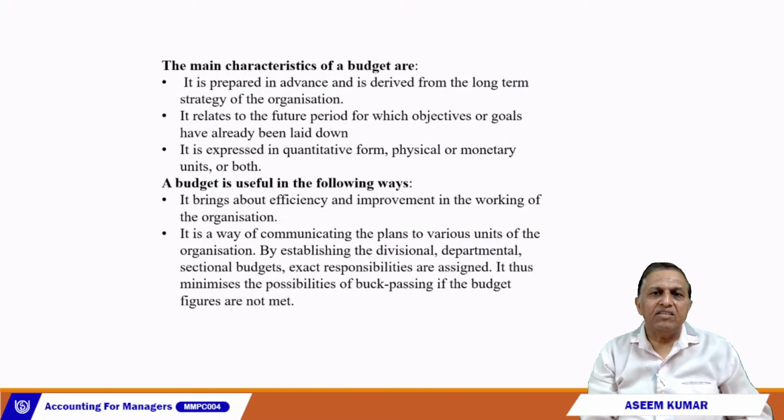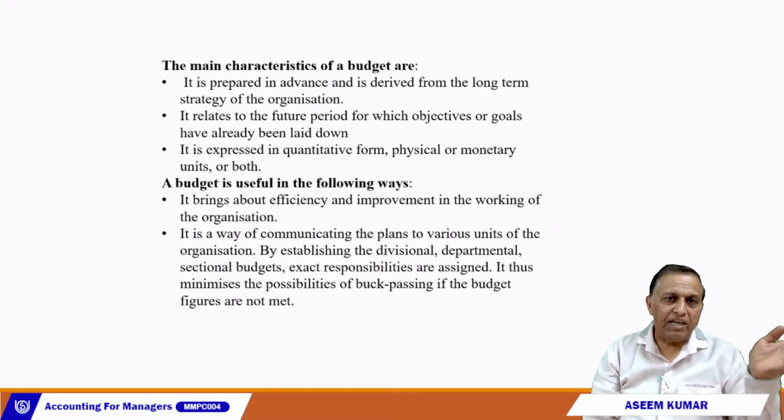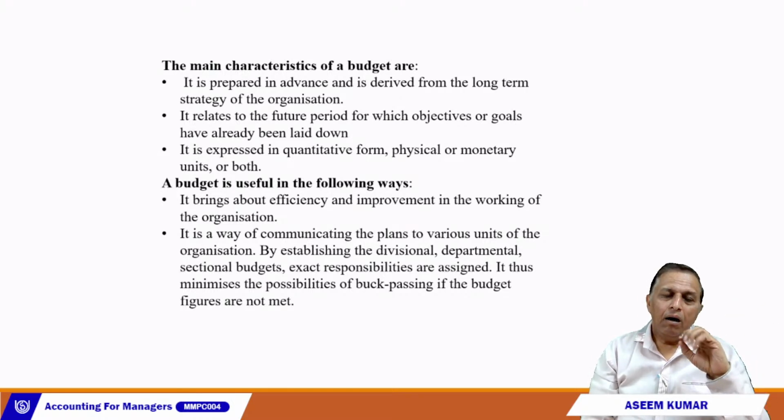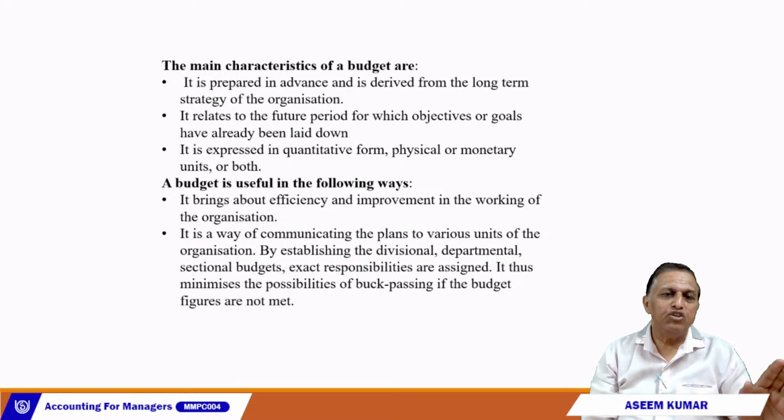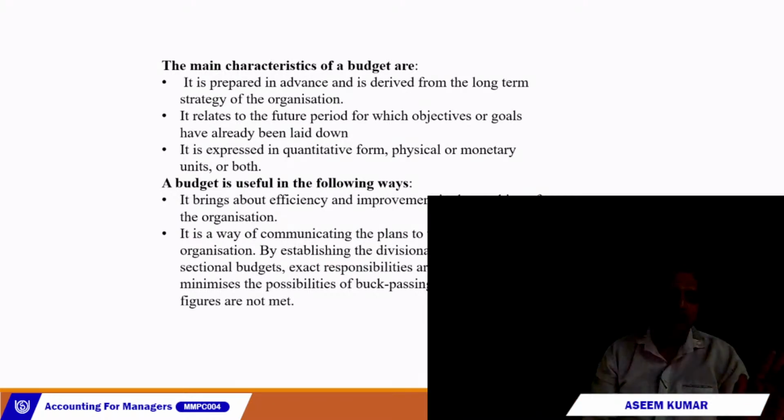The main characteristics of a budget: now, how does the budget look? What are the parameters? What are the basic points in the budget? It is prepared in advance and is derived from the long-term strategy of the organization.